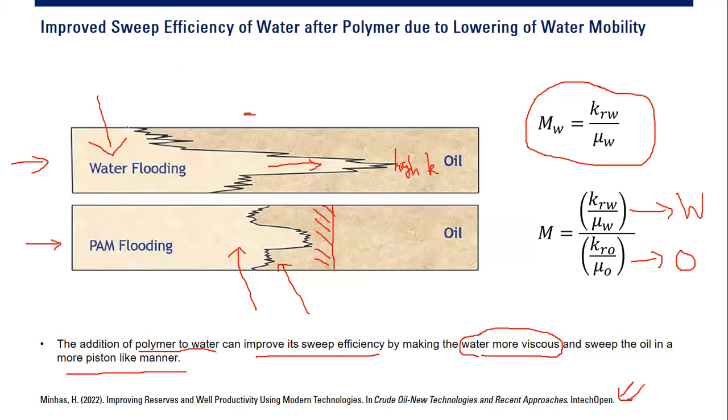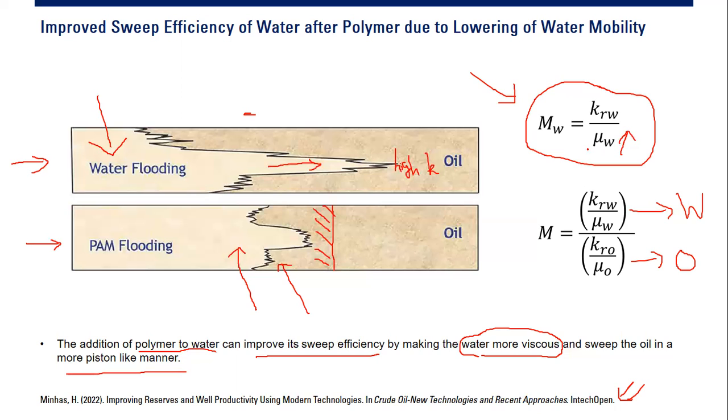So if we want to reduce the mobility of water, we go to this formula. It is quite difficult to modify the relative permeability, but it is more feasible to modify the viscosity. So if you want the mobility of water to be reduced, to be lower, you can increase the viscosity of your water or your fluid.